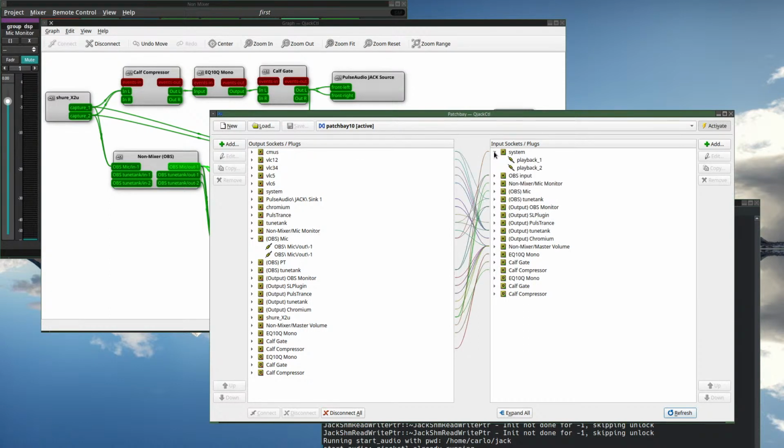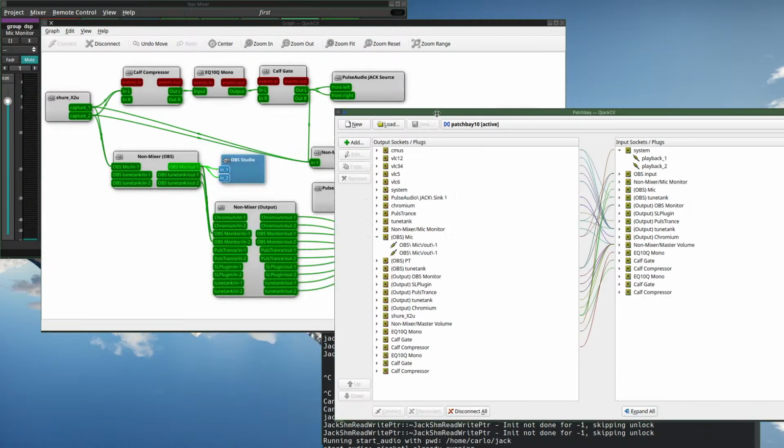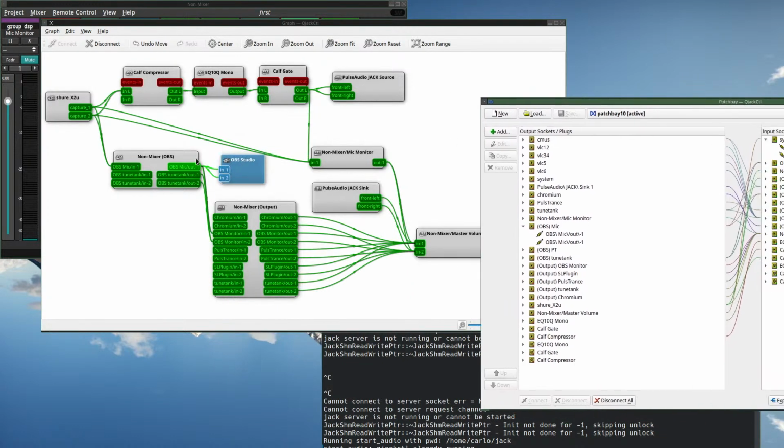To system? What? To system? No, that's a different one. Where is this connected with? This OBS input. And the other one? Yeah, OBS monitor. So it is connected to OBS monitor.